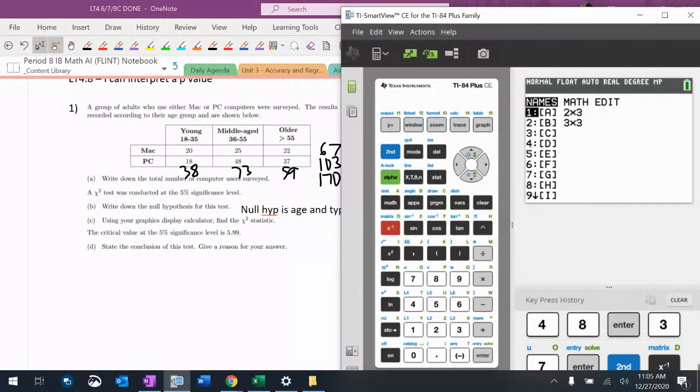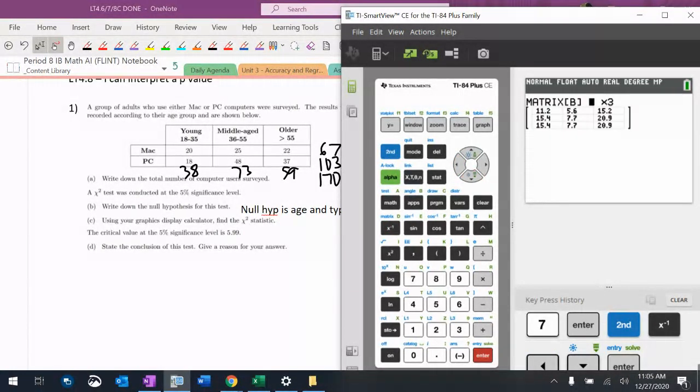And then matrix B needs to also be 2 by 3. Row total, column total, grand total.